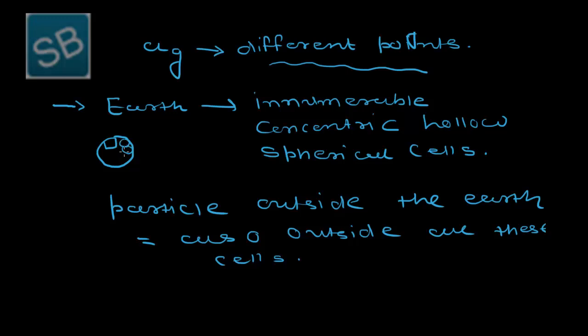So a particle which is outside the Earth is also outside this spherical shell and this spherical shell, and for all it is applicable. Hence, to find out the gravitational force on the particle, we can consider the mass of every shell as concentrated mass at the center of the Earth.